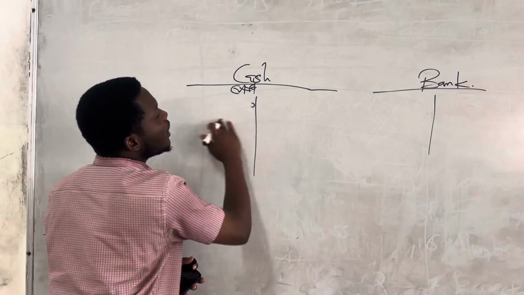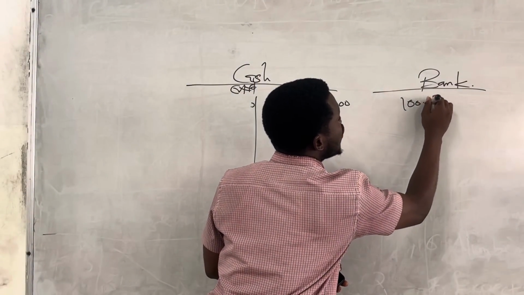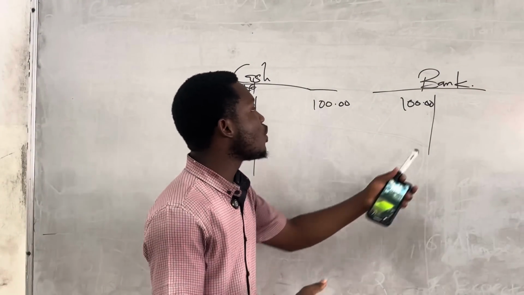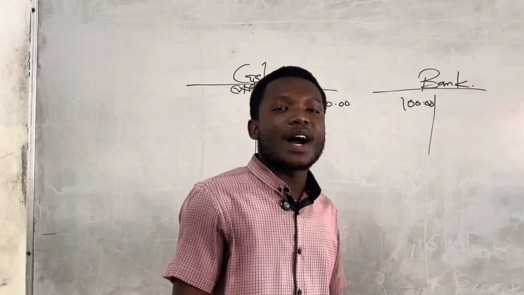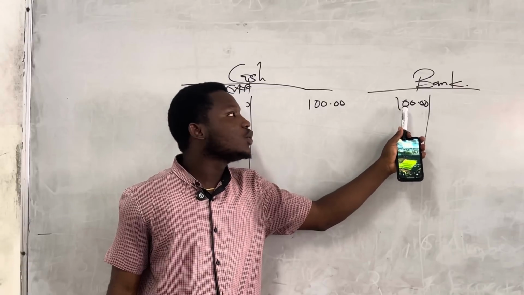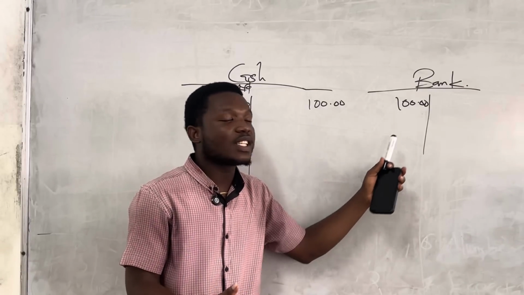So you deposited 100 cedis to the bank, and you are expecting that this 100 cedis is supposed to be in your bank account. Now, fast forward, you go to your bank and try to withdraw this 100 cedis, and the bank will tell you that you don't have sufficient balance, or your balance is insufficient.